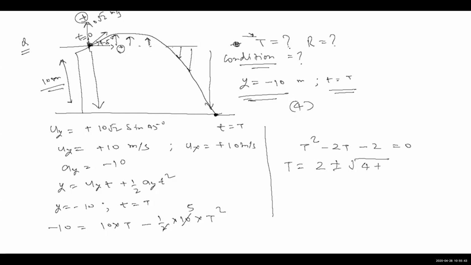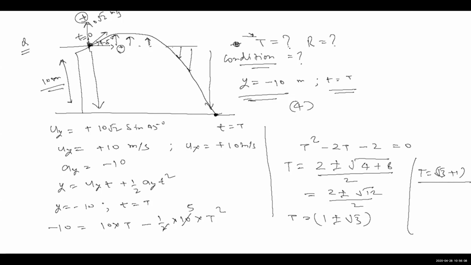The minus is here, so minus minus becomes plus, plus 8, divided by 2. So 2 plus minus under root 12 upon 2. T becomes 1 plus minus root 3. So 1 minus root 3 is not possible because that will become negative. So T will be root 3 plus 1. So after that much time, the particle will be landing onto the ground.